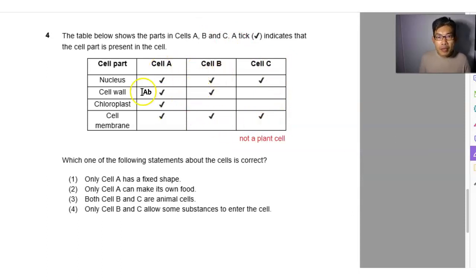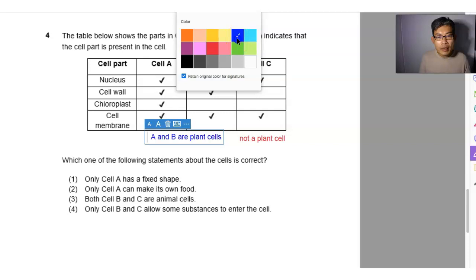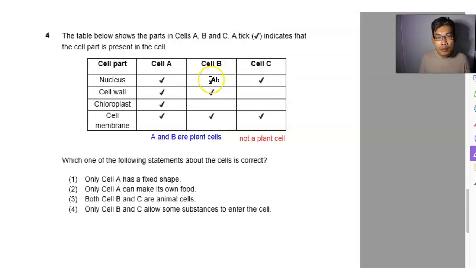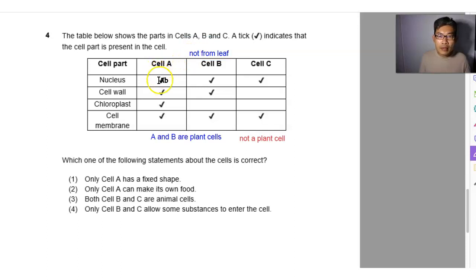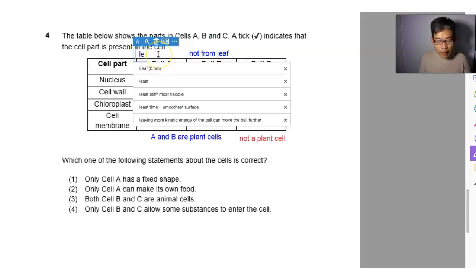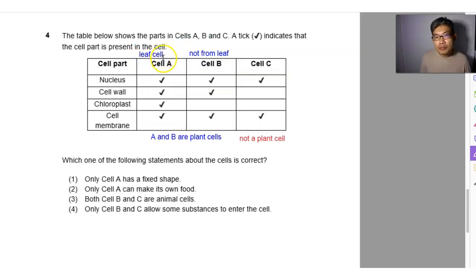Whereas cells A and B both contain a cell wall, this tells me that A and B are plant cells. But cell B does not have chloroplast, so this is not from a leaf, and cell A has chloroplast. It's most likely a leaf cell.